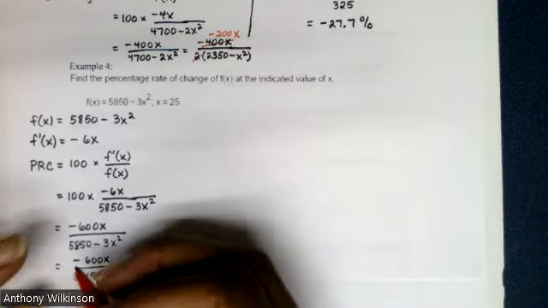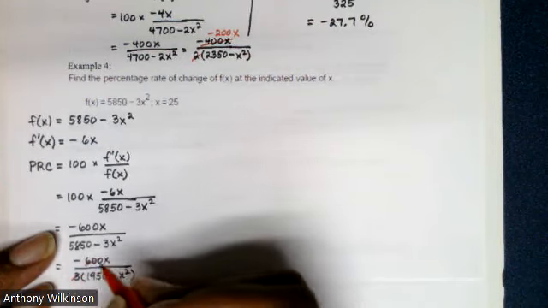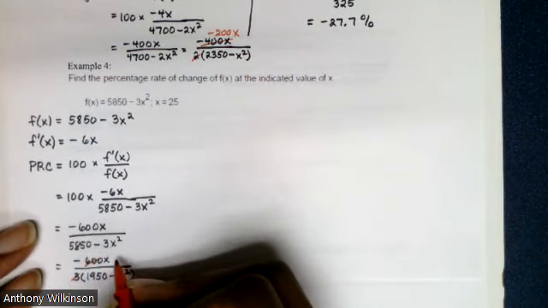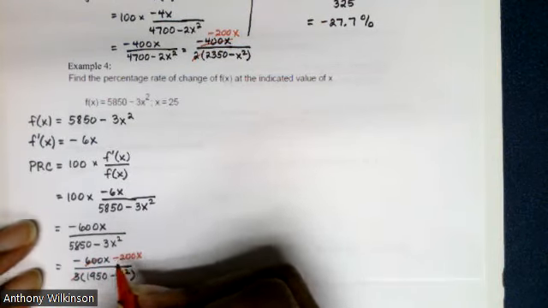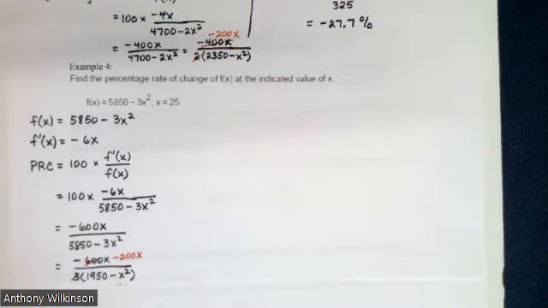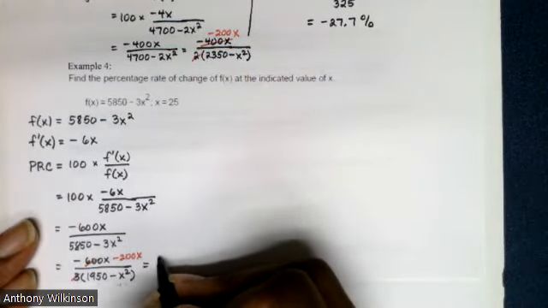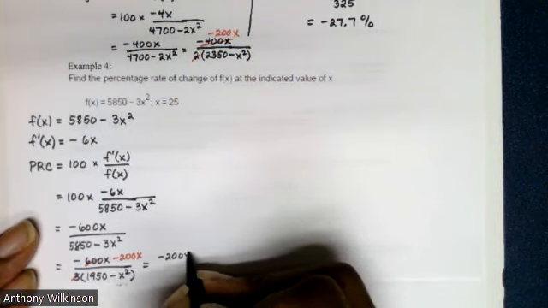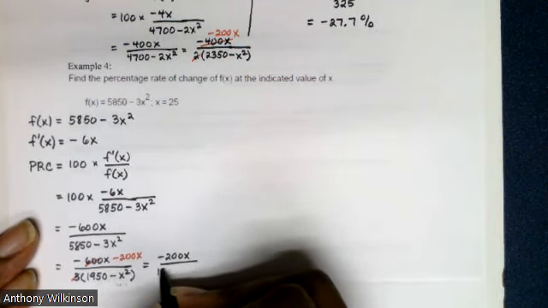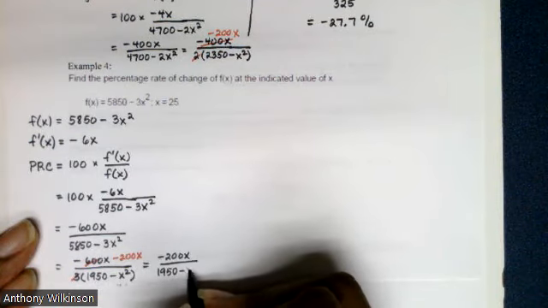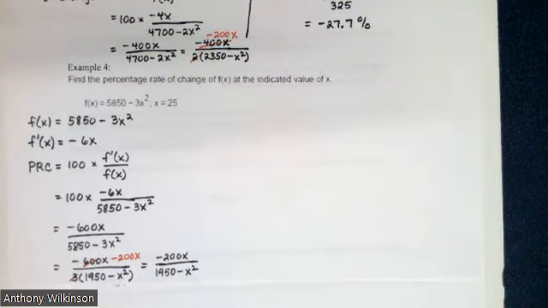Then I can simplify this by dividing out the common factor there. 3 goes into negative 600x negative 200x in the numerator. So this will end up being, for the percentage rate of change, negative 200x divided by 1950 minus x squared.